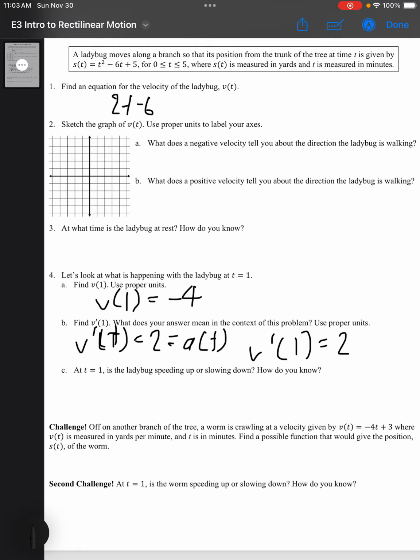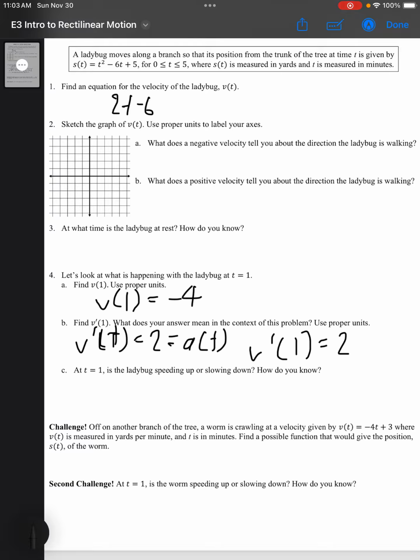It is asking us to compare the signs of velocity and acceleration at t equals 1. For example, here we have the velocity as a negative value and acceleration as a positive value. So since these signs are opposite of each other, that means that the ladybug is slowing down.